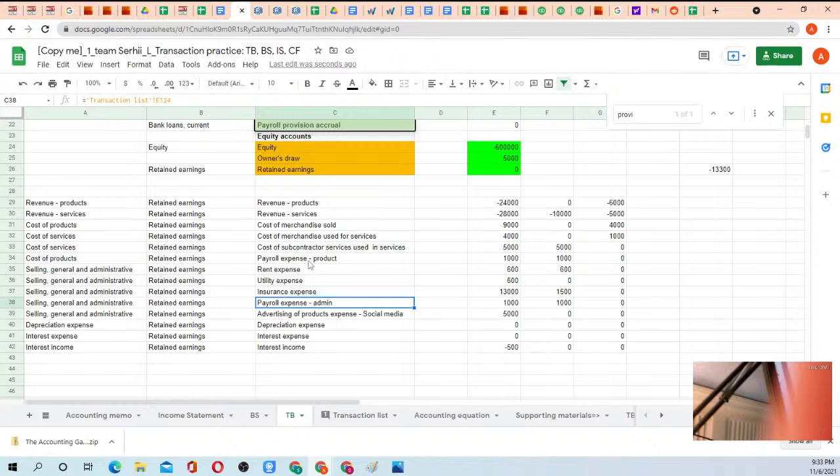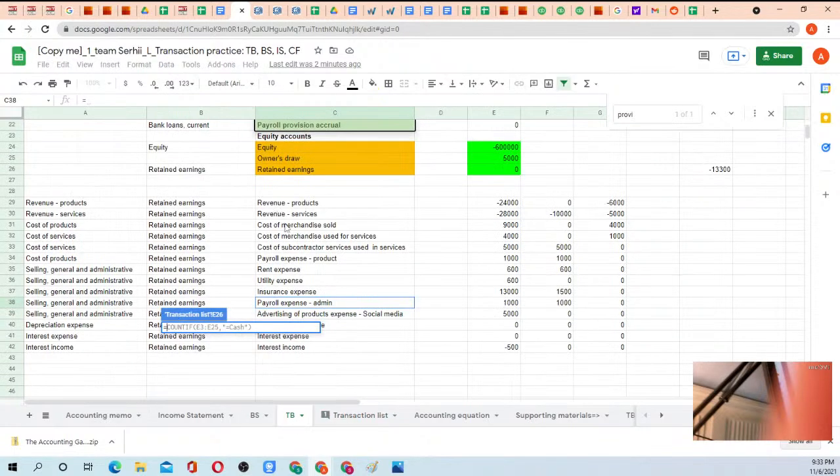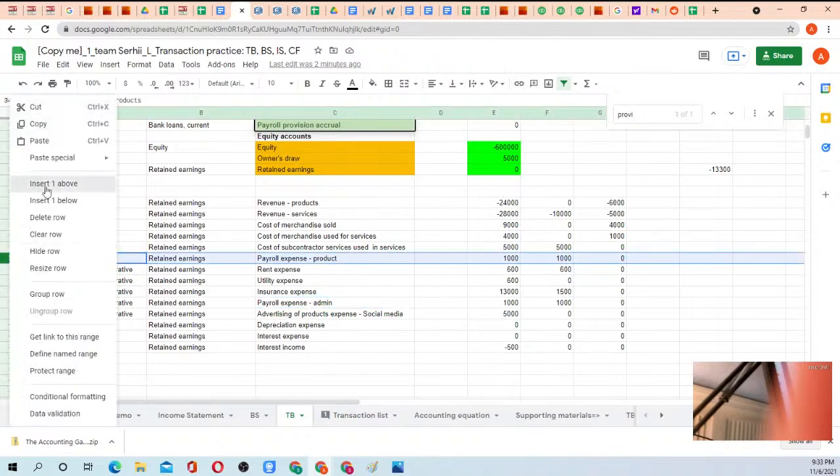So that was equipment, and let's say we will use that equipment for services, and I will just book it to the cost of, I will just create cost of services account, additional account.